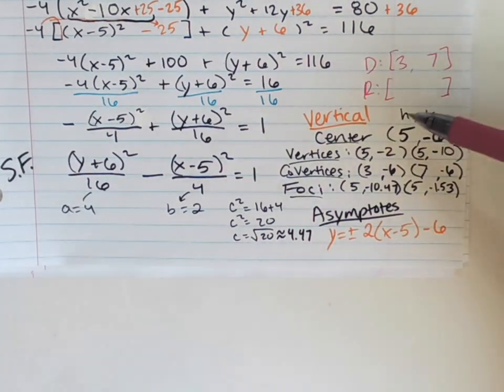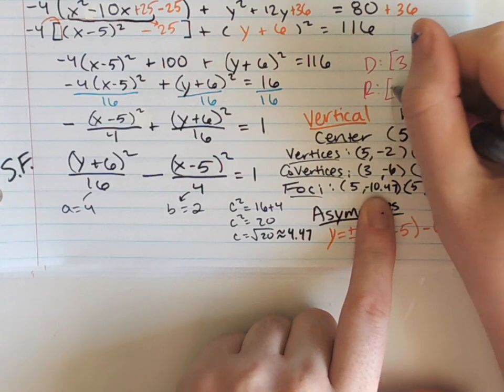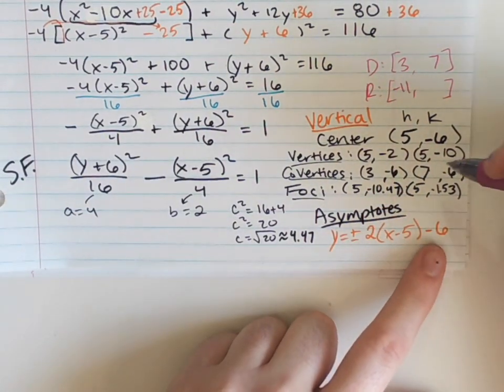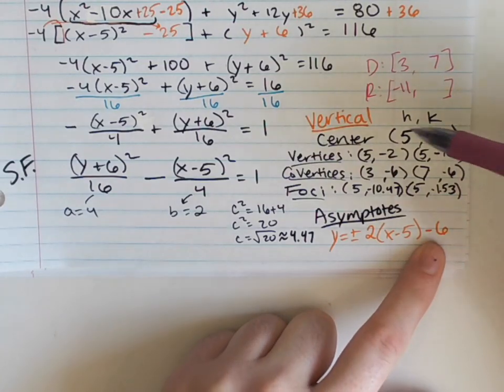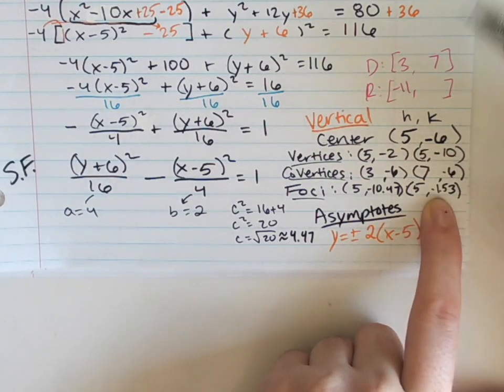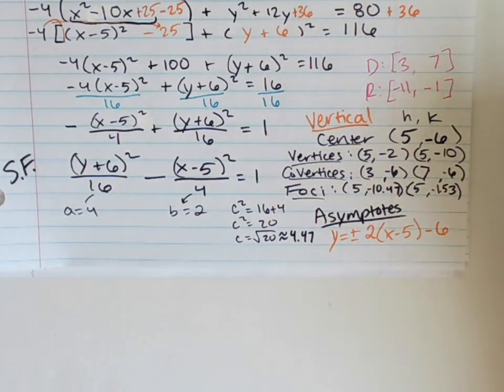Our range, lowest value, -6, -10, -10.47, so let me say -11. And then our highest would be, let's see, I want to say it's this one, -1.53, so let me just say -1 for the time being.